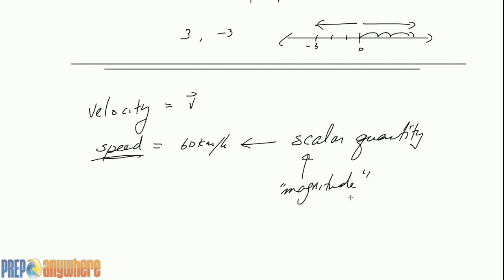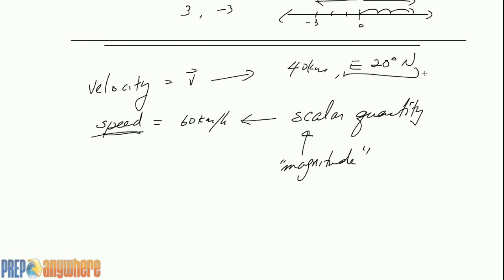If you want to describe velocity, you have to do it in the following way. Let's say you say 40 kilometers per hour, but you're going east 20 degrees north. You have to give it direction like this. Otherwise, it wouldn't be a velocity. This notation here is very popular in physics. It means the following: east 20 degrees north.